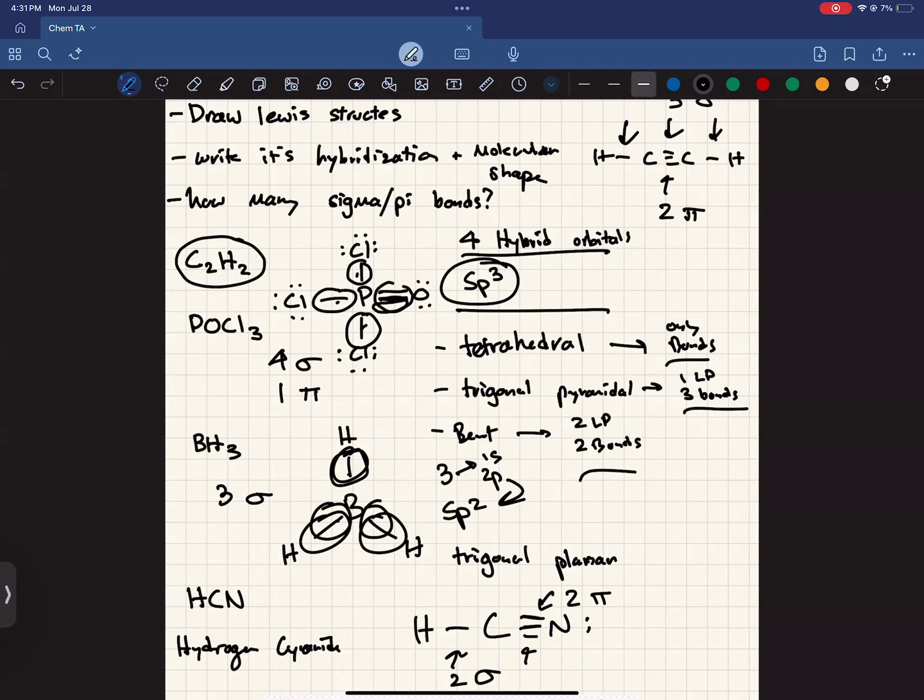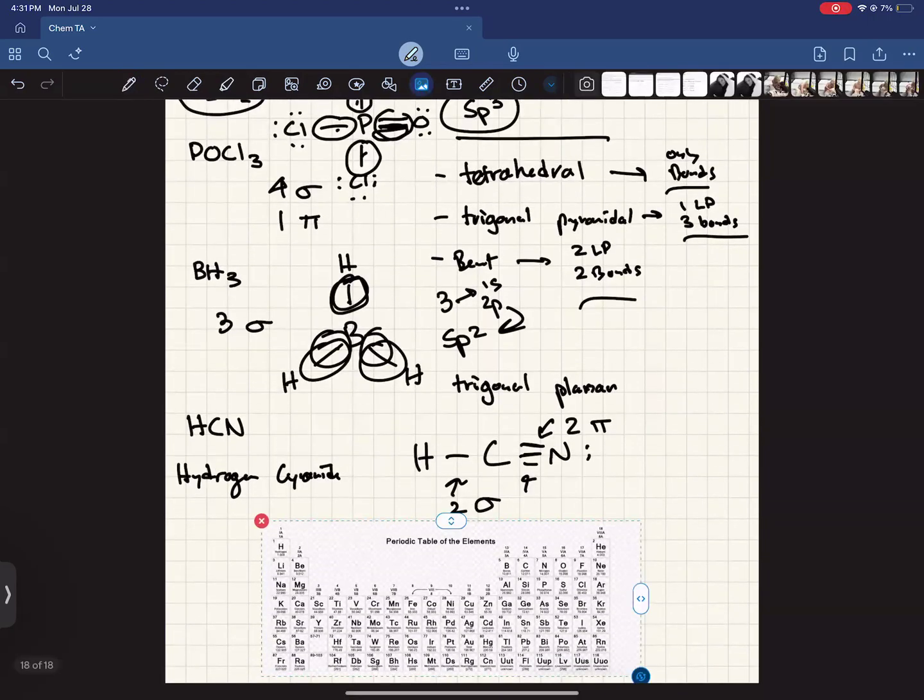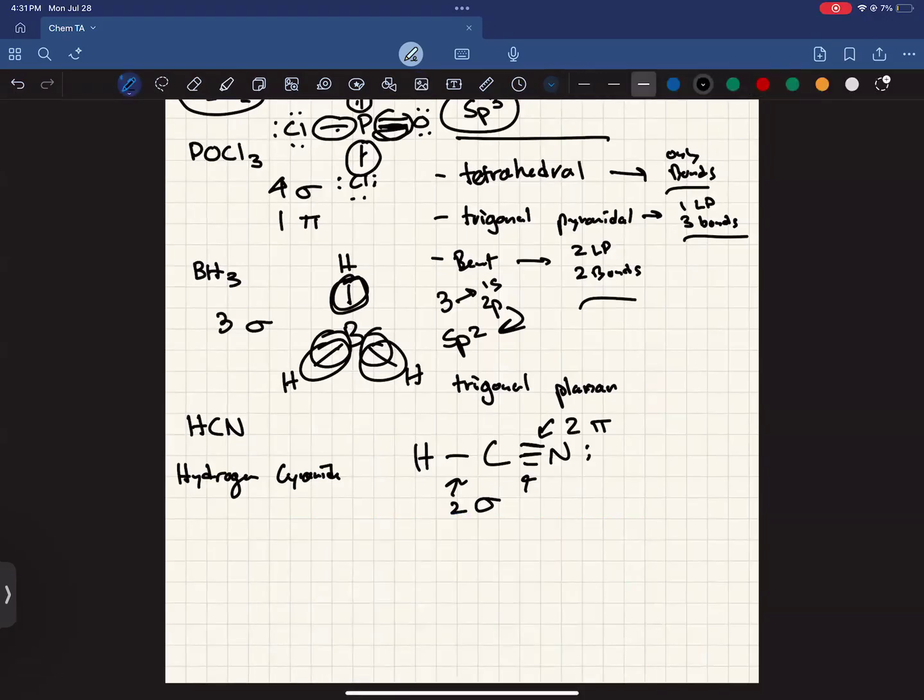One note to remember too. I just showed you how pi bonds are formed. If carbon and carbon are bonding, the pi bond forms from the p orbitals like this, and the bond forms between them like this, right? Know this and know how they're formed and what they are and why they're different from sigma bonds.